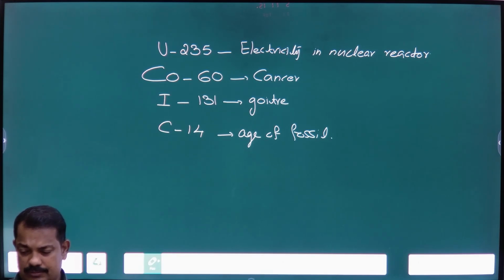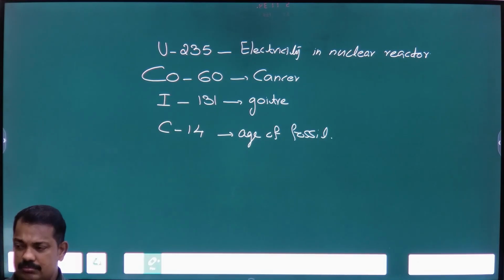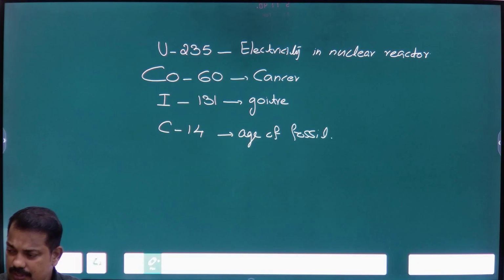Next question, write it down. What are the different isotopes of neon? Atomic number of neon? 10.